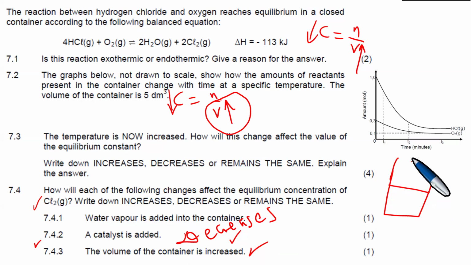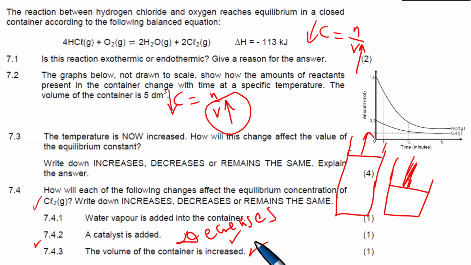Maybe if this was a plunger like the syringe we saw, and somebody increases this by pulling up the plunger, what then happens? When they pull up the plunger, the volume is large. When the volume is large, it means there's more room for everything.